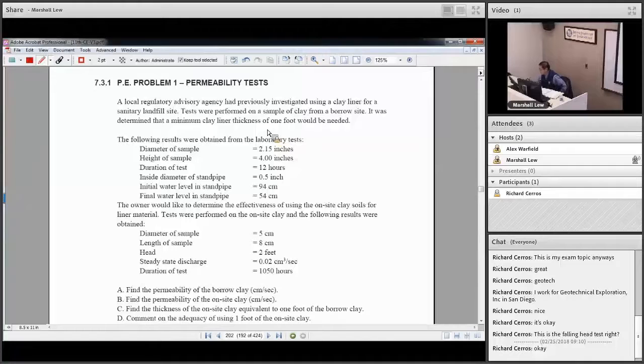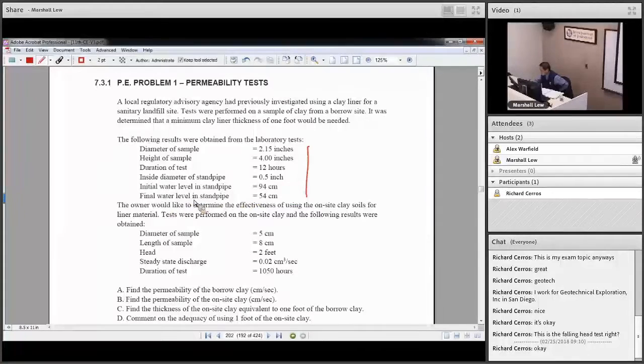Okay, so here's a possible problem. Say they gave you that Darcy apparatus, and they told you the cross-sectional area A is 10 square inches, the flow per unit rate of time is 0.0005 cubic feet per minute, and the difference in head is 10 inches. What is the coefficient of permeability?